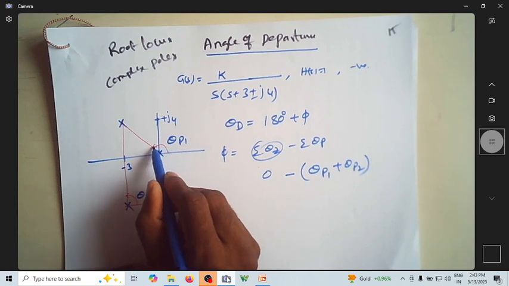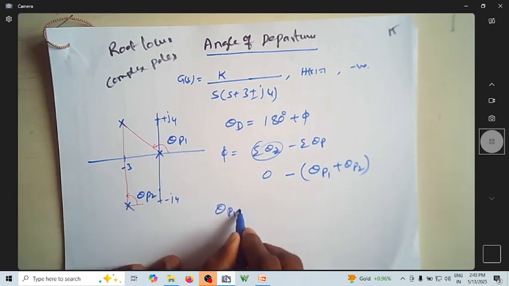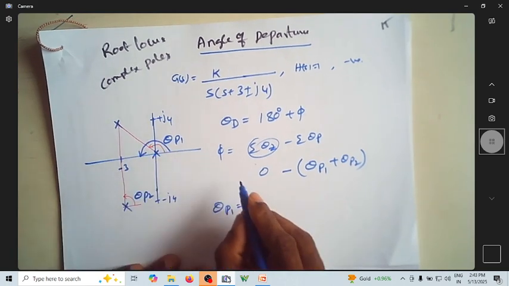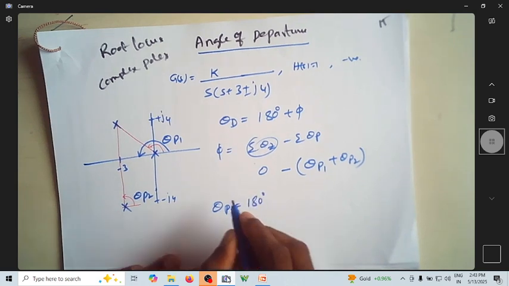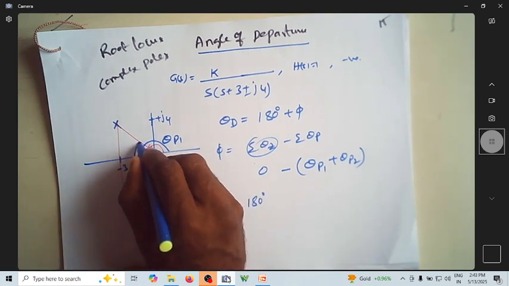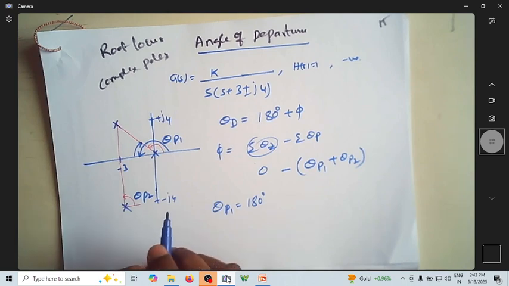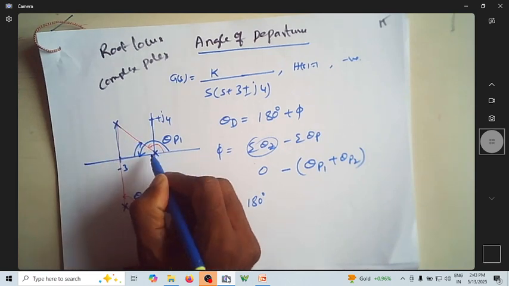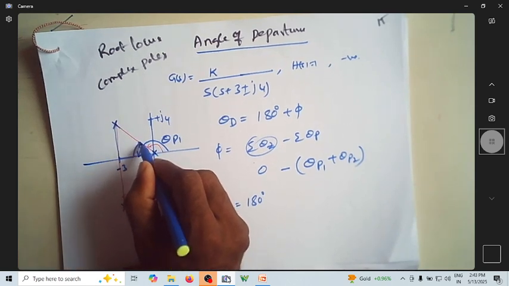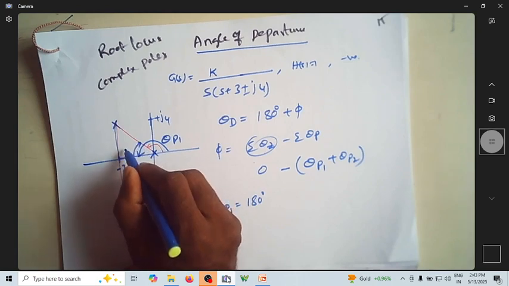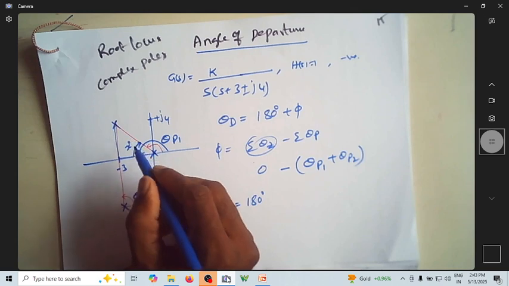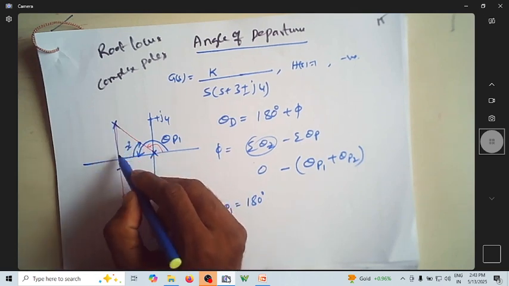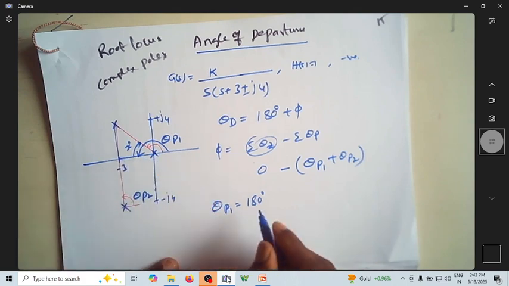Since I want to know theta p1, I can easily find this angle. This is 180 degrees, and I can find the angle using trigonometric rules. You can see this is a right angle triangle. I want to know this angle, some x degrees, which is tan inverse of opposite over adjacent: opposite is 4 and adjacent is 3 in magnitude.